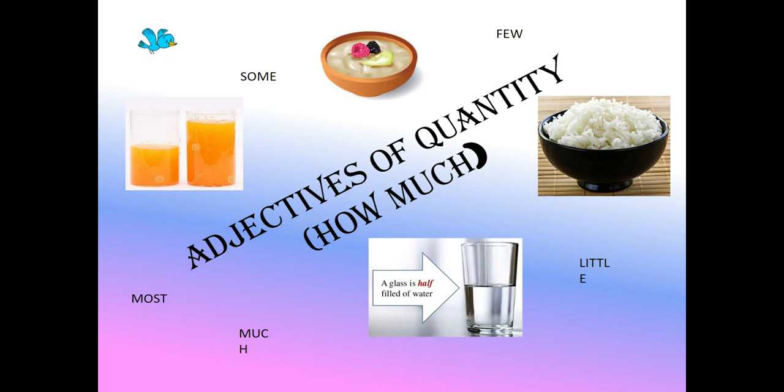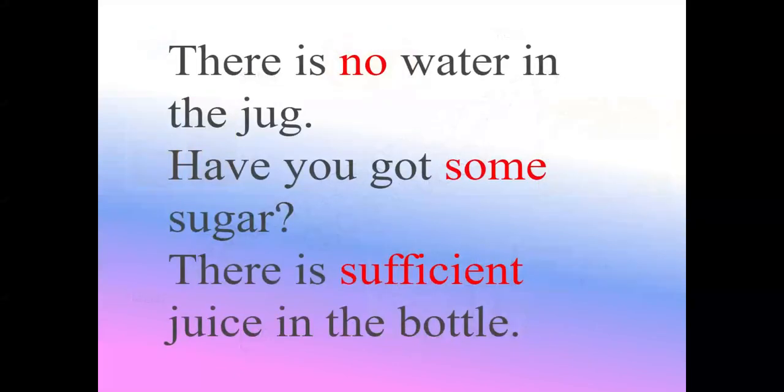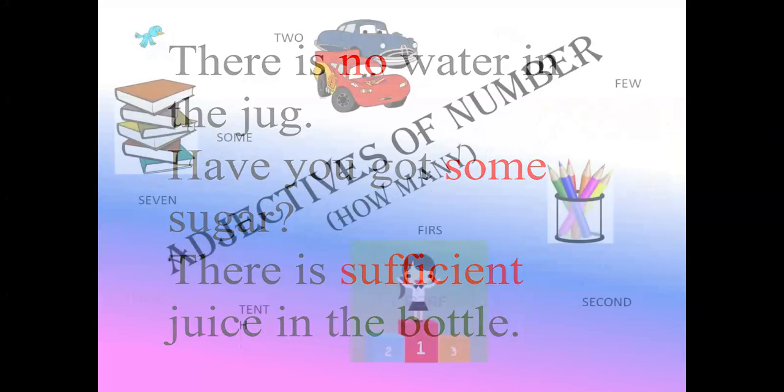Juice, water, they're uncountable nouns, and they answer the question how much. For example, there is no water in the jug. Have you got some sugar? Sugar is uncountable. There is sufficient juice in the bottle. All these words which we use with uncountable nouns come under adjectives of quantity.